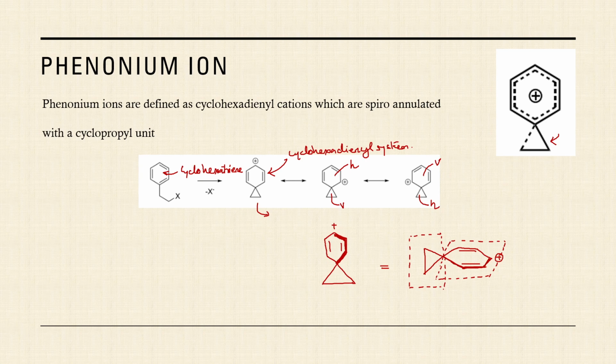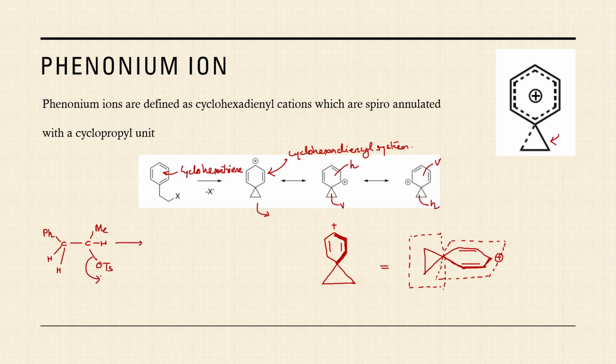ये फेनोनियम आयन को हम ऑब्जर्व कहां करते हैं? A very interesting reaction that we observe is a reaction like this. PhCH2CH2... can take Me, H and OTs, tosyl unit.